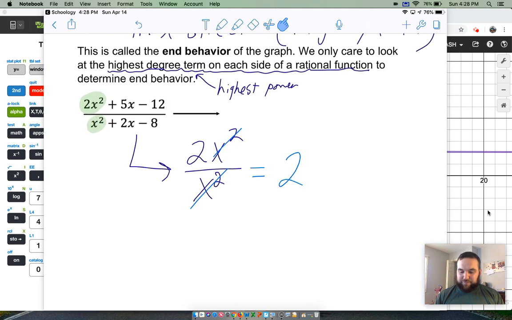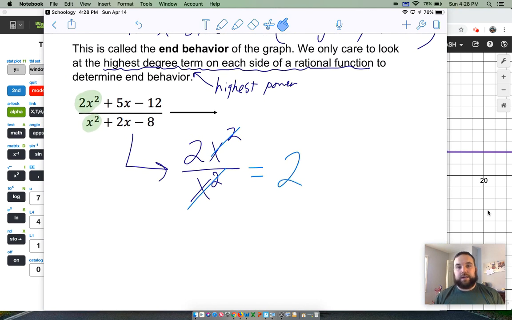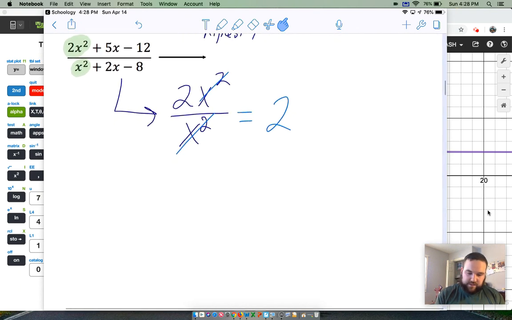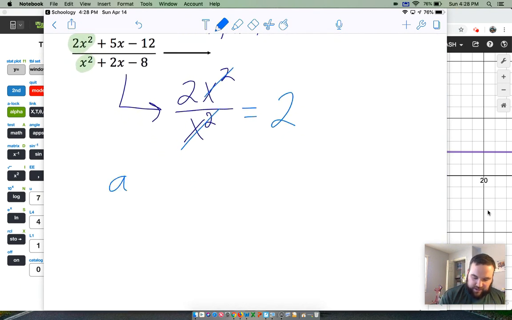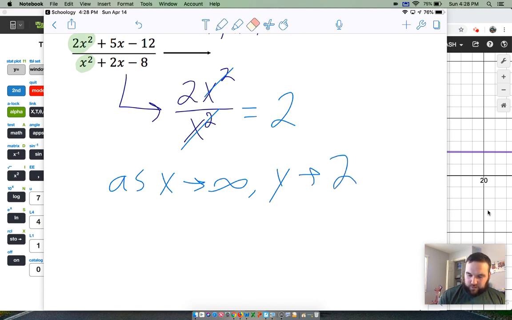So what we're going to say for the end behavior is, the technical way to write this is, as x approaches infinity, y goes to 2.